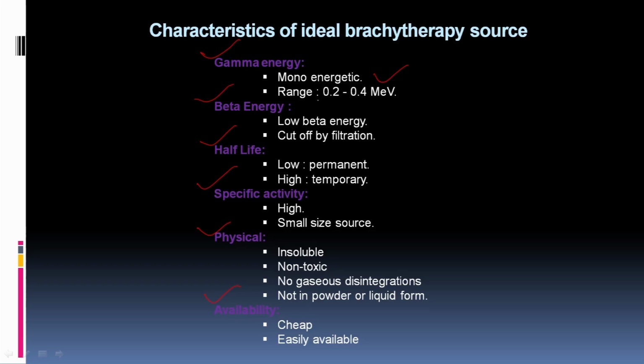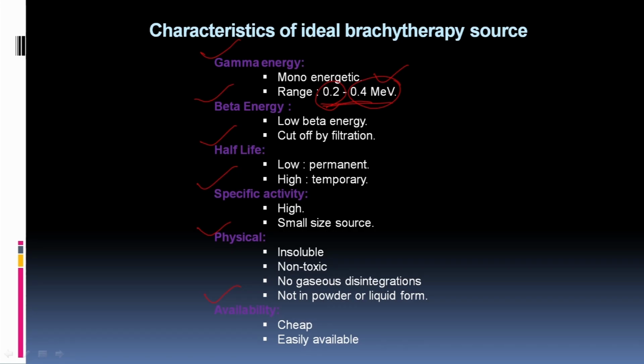This range is defined because below it we will have bone shielding because of photoelectric interactions of gamma photons with the material medium, and we cannot achieve a good dose distribution below 0.2 mega electron volt, and above 0.4 mega electron volt we will have problems of radiation protection. So, this is the ideal range of gamma energy of an ideal brachytherapy source.